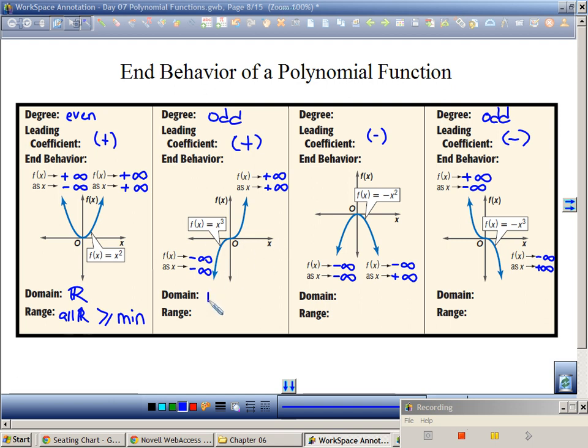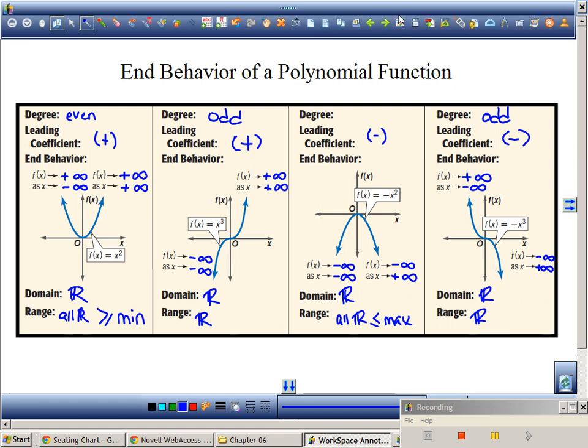My domain is all reals, and my range is also all reals, right? There's an infinite number of y's in this direction and in this direction. What about this one? Domain is all reals, and my range is all real less than or equal to my maximum. Exactly. And this one? All real and all real.